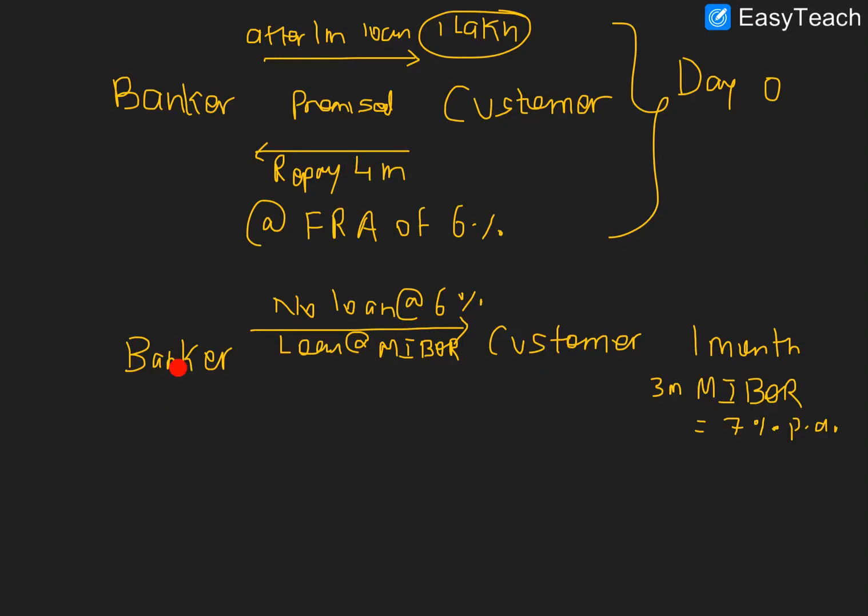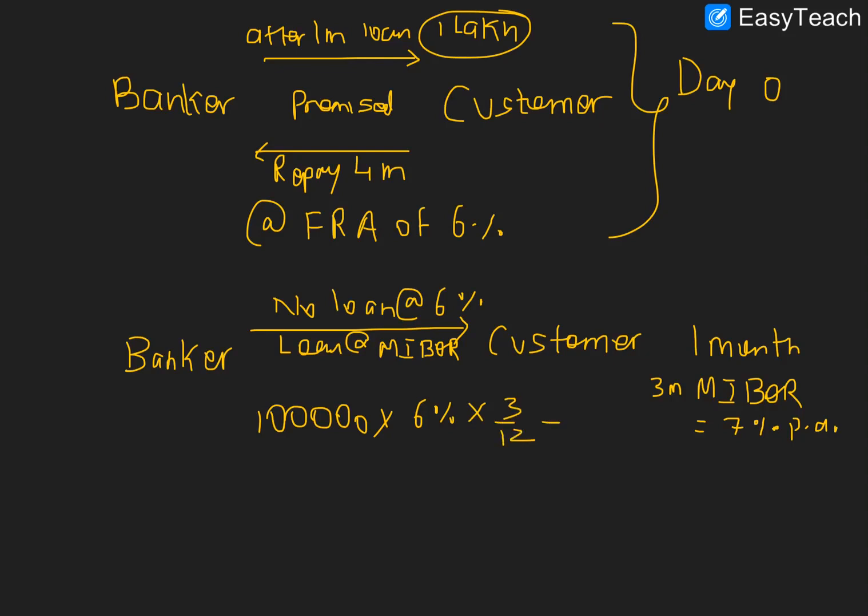The banker says, "Tell us, sir, suppose we give you a loan at 6%, what is the interest that would have been applicable to you? What is the interest that you would have paid to us?" Then the customer calculates: on a loan of 1 lakh into 6% into a 3-month loan, 3 by 12.